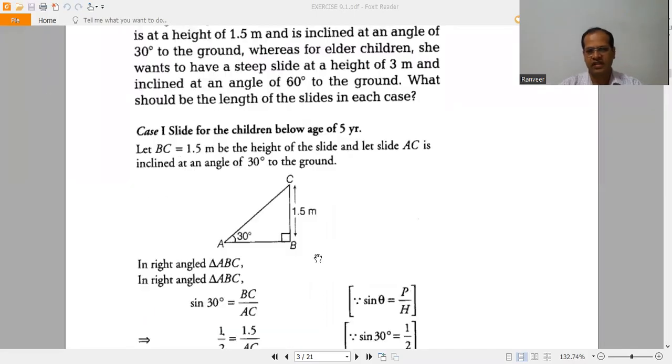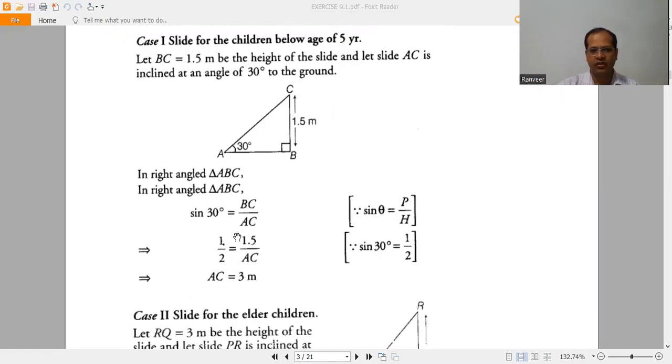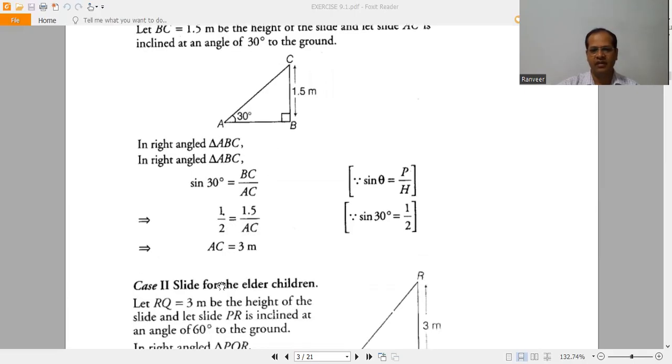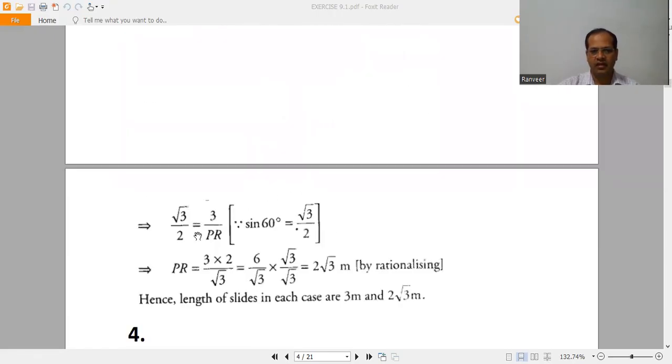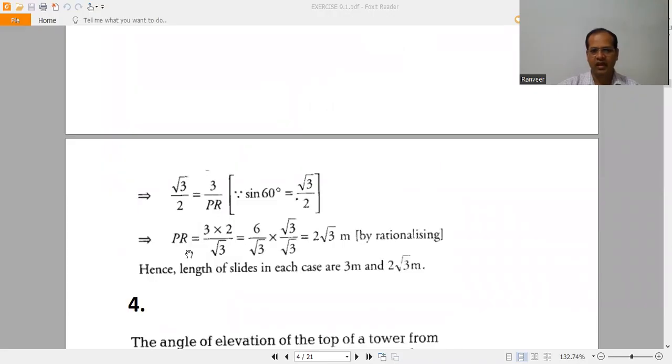You can see the solution: sine theta equals BC by AC, and the AC value is 3 meter. Similarly, for PR, sine 60 degree equals 3 by PR, and the PR value is 2 root 3, just by rationalizing. So in this way, we can find the value.